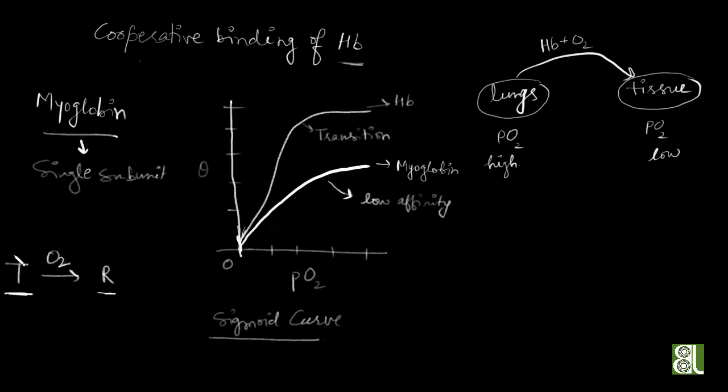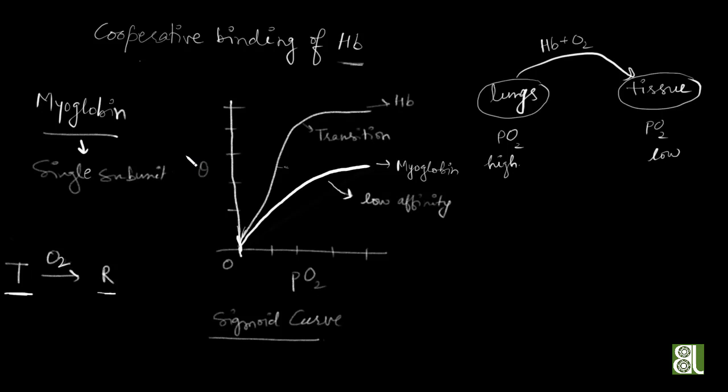So this transition gives it a sigmoidal curve. This is a transition from low state to high state. So this type of sigmoidal curve is best suited for this function. And moreover, for a protein that binds oxygen with high affinity, we are not looking for that.